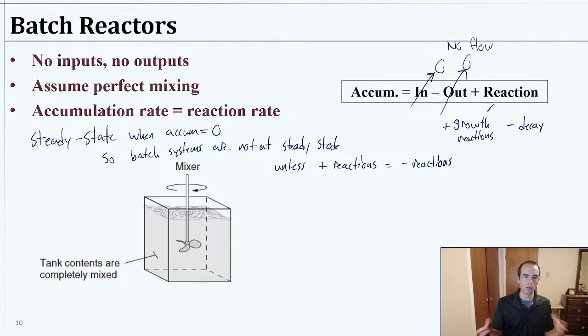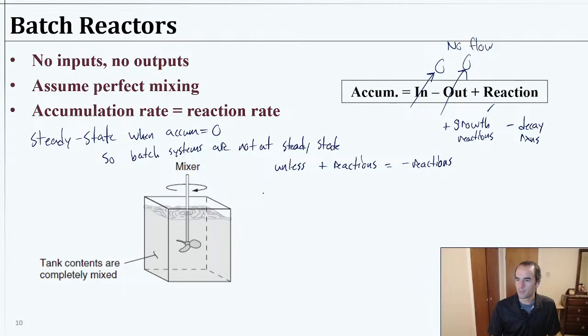So if we have bacteria growing but also dying, we could write it that way. So we could reach a steady state, I suppose, but typically if we have something happening that's interesting, we probably would write it. We probably would not assume steady state for a batch reactor in most cases.